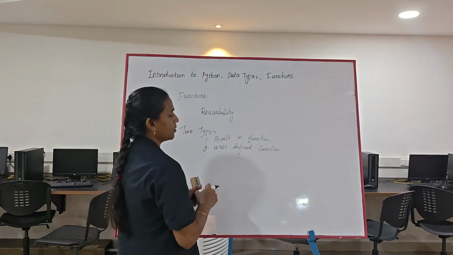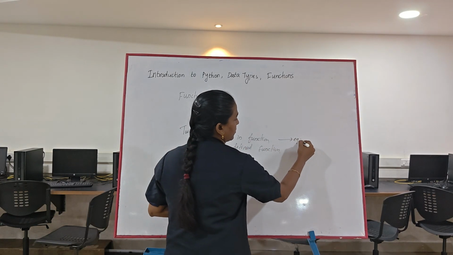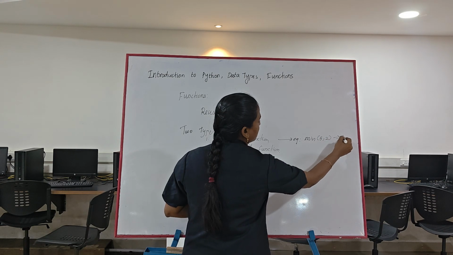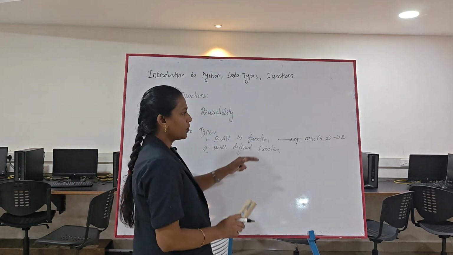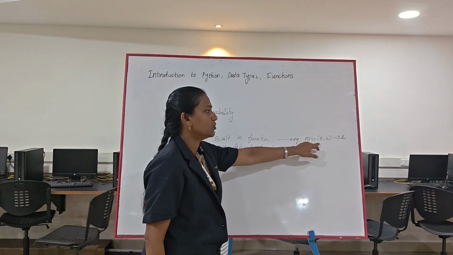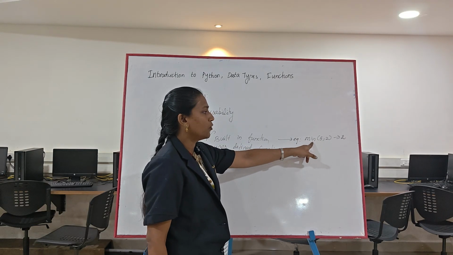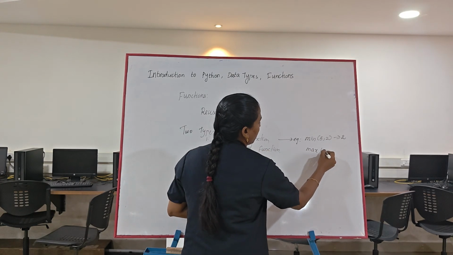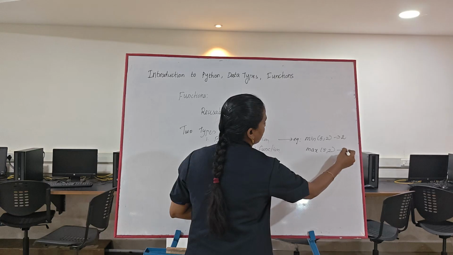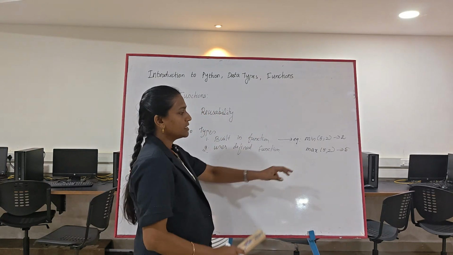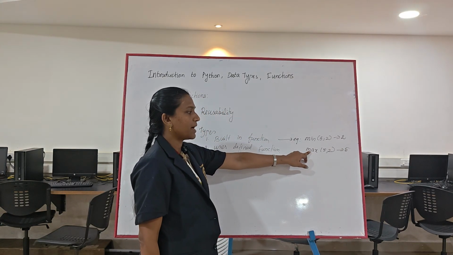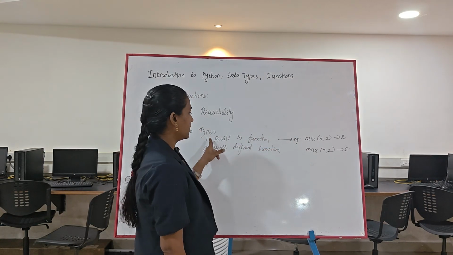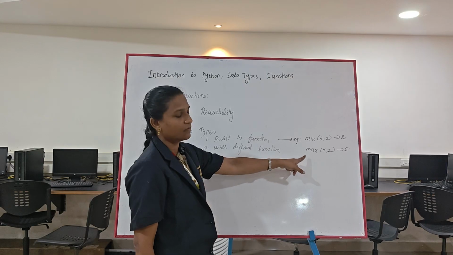For example, minimum of 5, 2 displays 2. The programmer has already written the instructions to display the minimum value, so we use the built-in function minimum. If I give maximum of 5, 2, it displays the value 5. This is the function to display the maximum value. There are many built-in functions, and these are some examples.